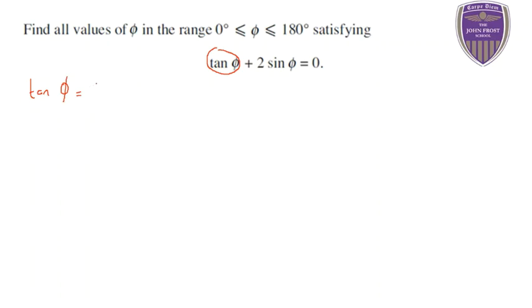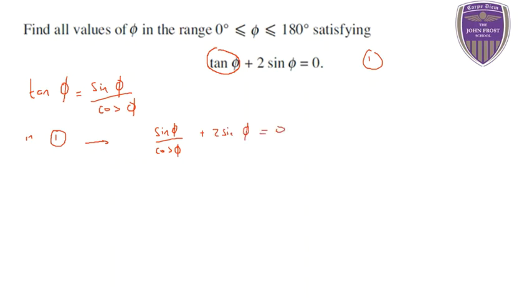It's a Greek letter again, but I know that tan phi is sine phi over cos phi. This is equation 1, so put it in 1. And you're going to get obviously sine phi over cos phi plus 2 sine phi equals 0.